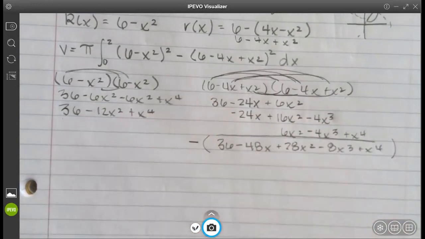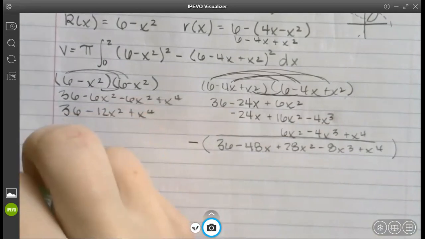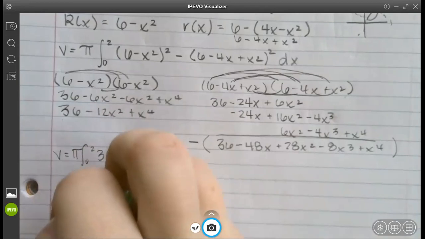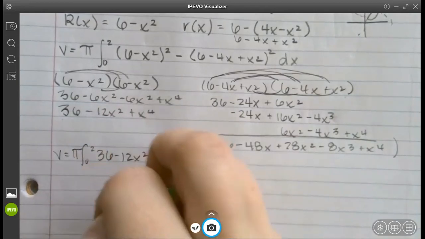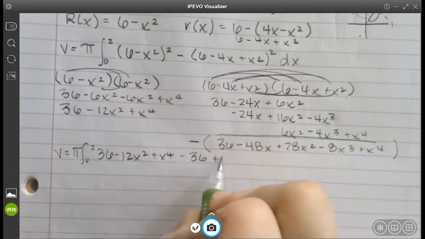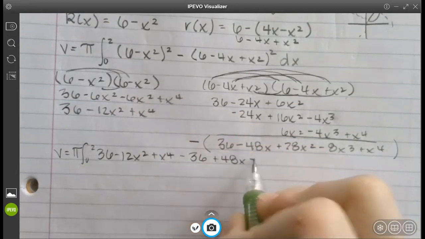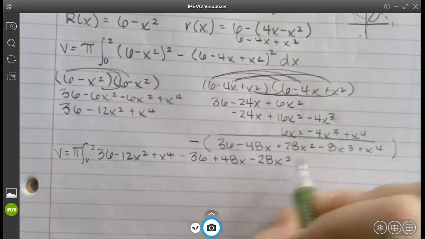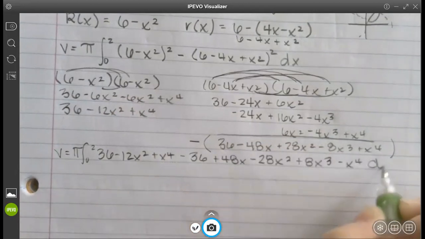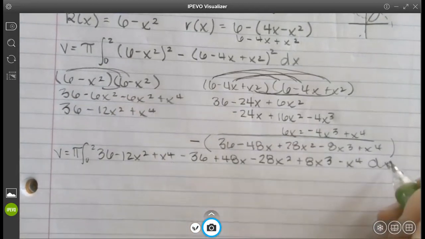Does everybody understand that? So what we have now: 36 minus 12x squared plus x to the fourth, your first function, minus 36 plus 48x minus 28x squared plus 8x to the third minus x to the fourth dx.